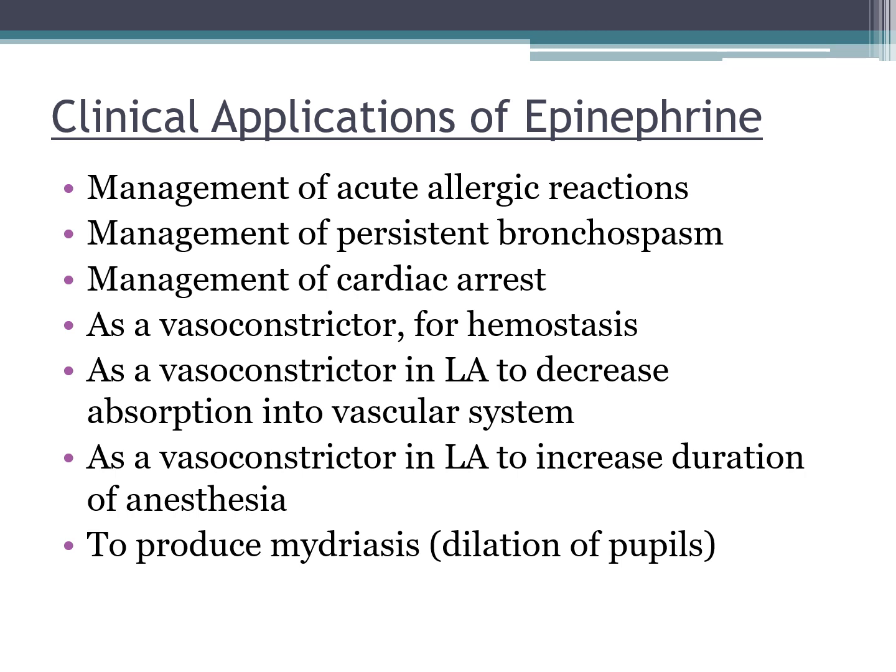It is excellent as a vasoconstrictor in LA to decrease the absorption into the vascular system, and to increase duration of anesthesia. And it is excellent to produce dilation of the pupils. So it has use for the eye doctor, right? So they can see to the back of your eye.